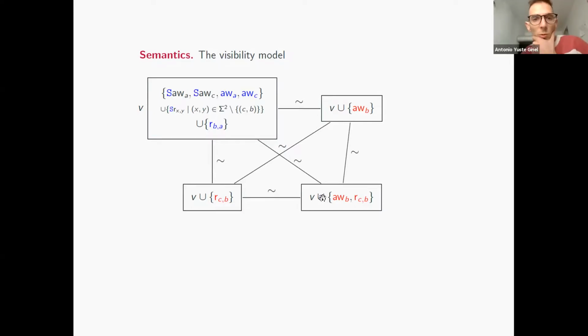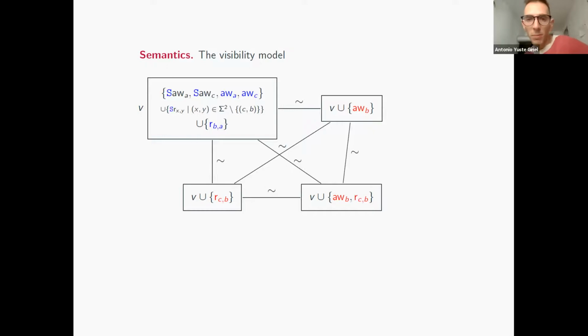So basically two requirements should be met. The first one is that visibility atoms are kept constant through related valuations. And the second one is that if the value of a propositional variable is seen in a valuation, then this is kept the same in all related valuations.